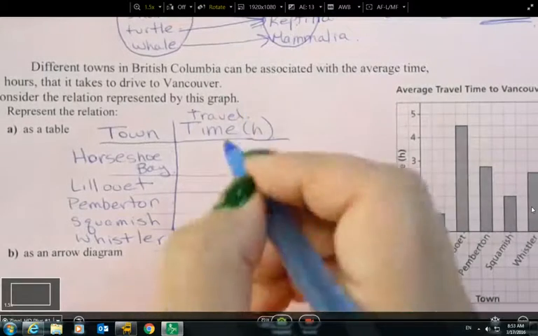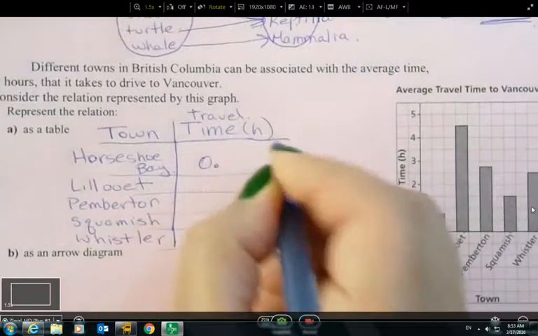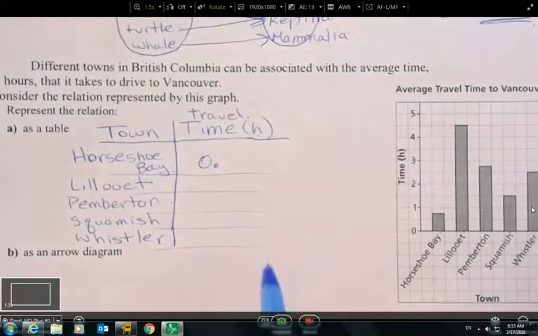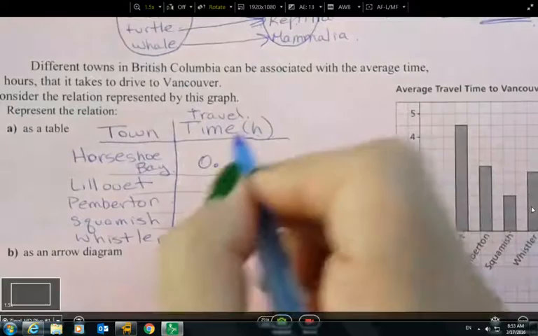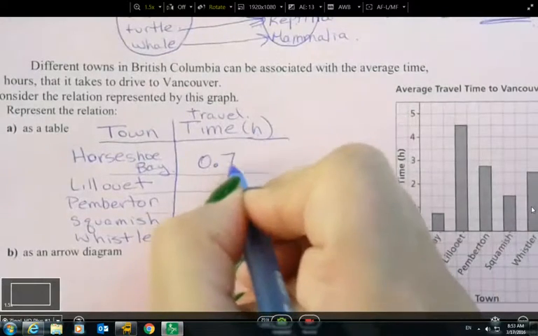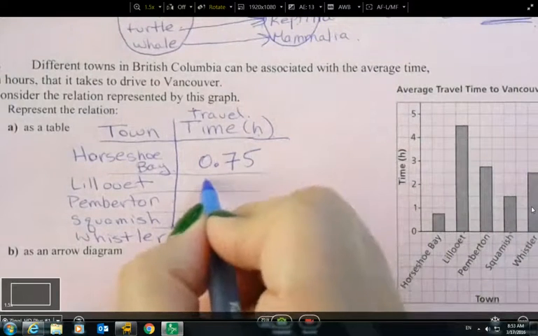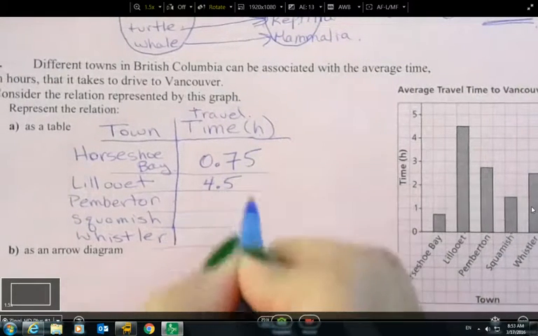So what did we say for Horseshoe Bay? Let's all use the same units the whole time through. So let's use hours as our standard unit. Instead of 45 minutes, I'm going to write 0.75 hours. For Lillooet, it was 4.5 hours.